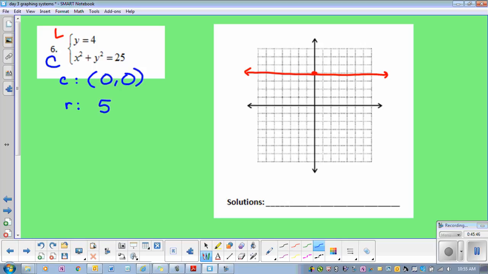And guys, if they ever give you a number that's not a perfect square, that's okay. Just get the decimal. All right? Okay, so 0, 0, and 5. 0, 0, 2, 3, 4, 5. Up 5. Right 5. Down 5. Left 5. Yes?